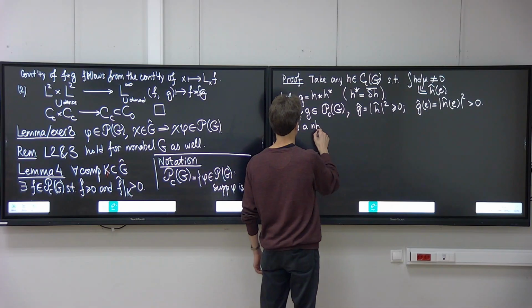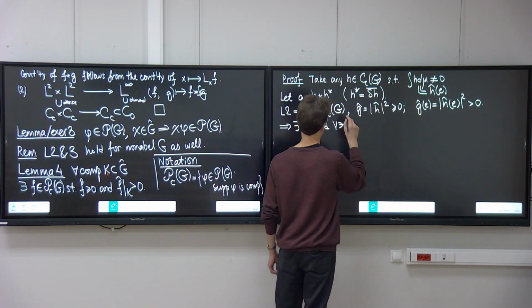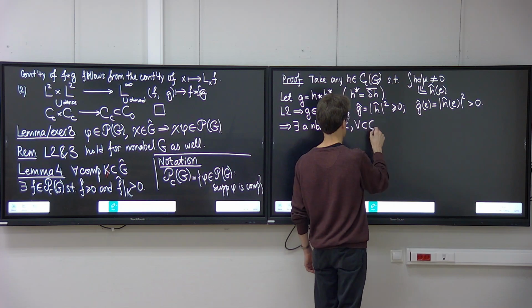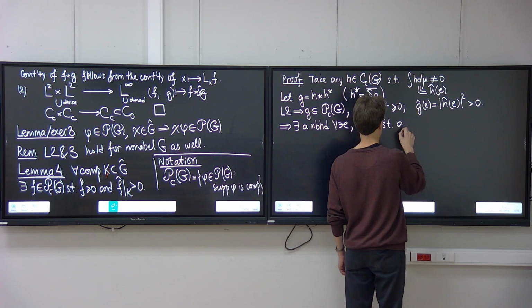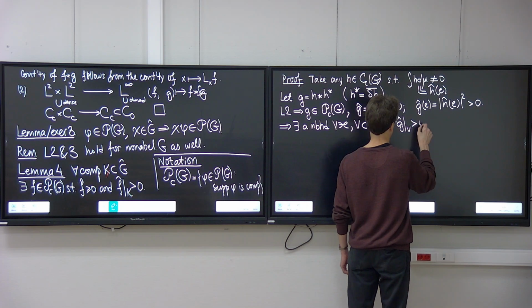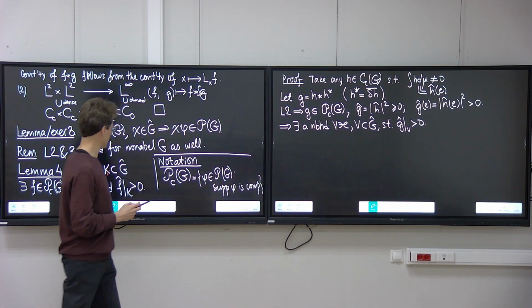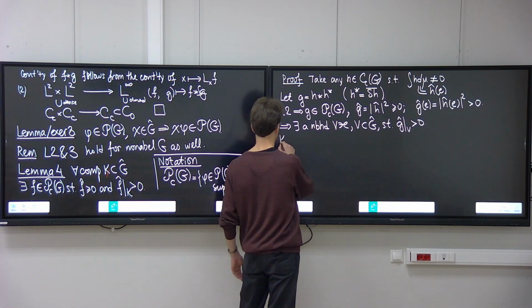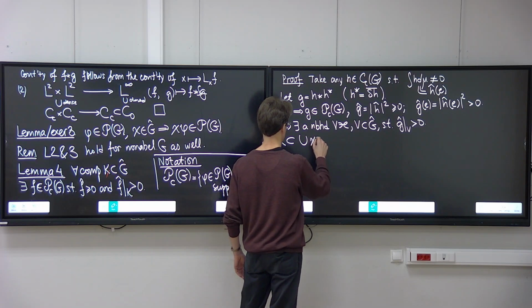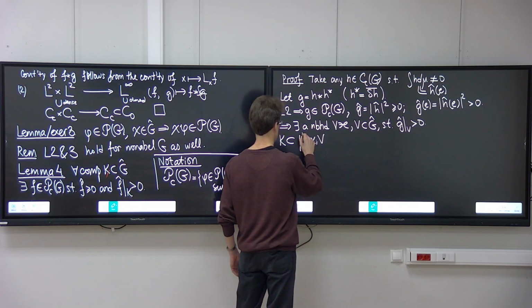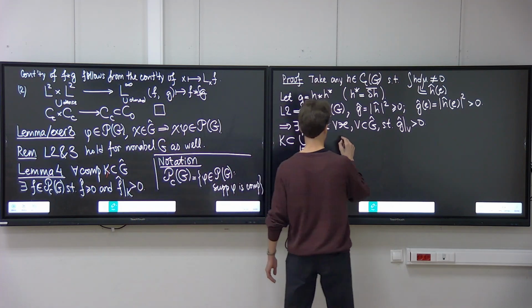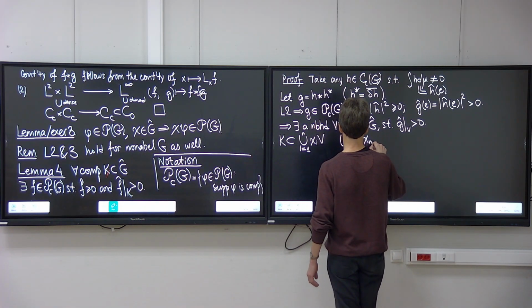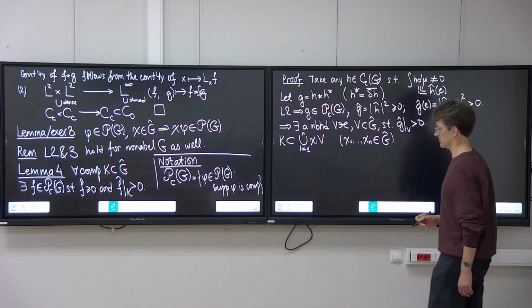There is a neighborhood V of the identity in the dual group such that g hat is strictly positive on V. Now let's look at our compact set K. K is compact, and so it can be covered by finitely many translates of V. So we can always find finitely many points, chi_1 to chi_n, in G hat, such that K is covered by their translates.